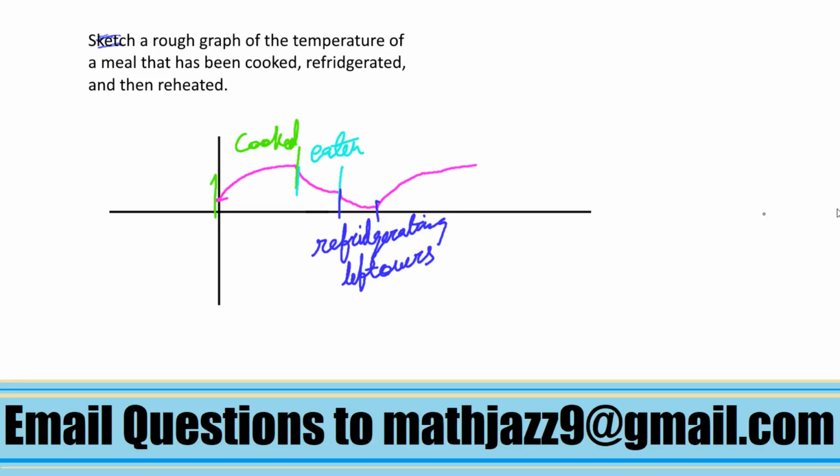And then from here to here is it being reheated. Okay, so that's how to do those types of problems. Move on to our next problem.